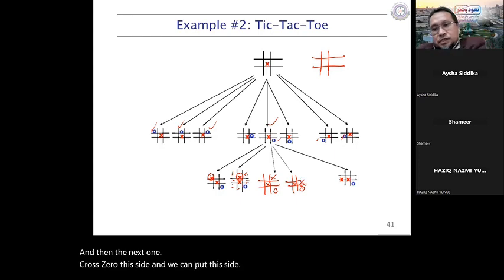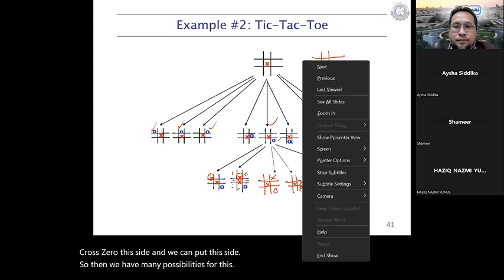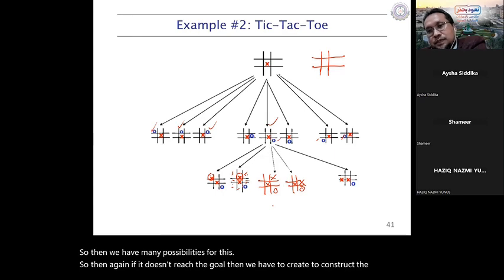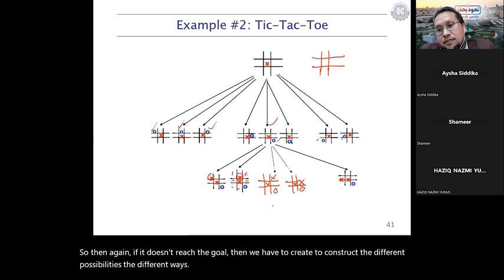So then we have many possibilities for this, right? Okay, so then again, if it doesn't reach the goal, we have to construct different possibilities, different ways, until it reaches the goal of this tic-tac-toe.